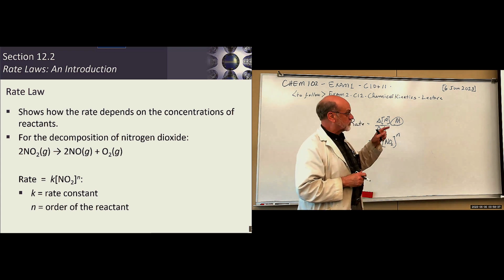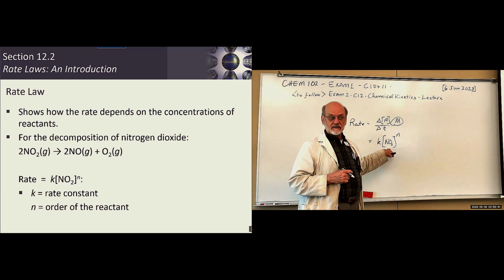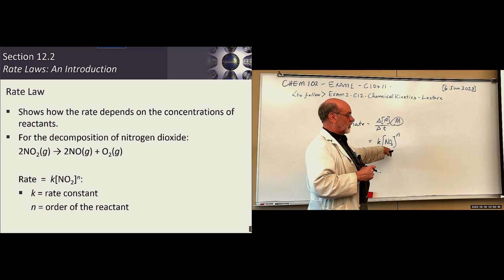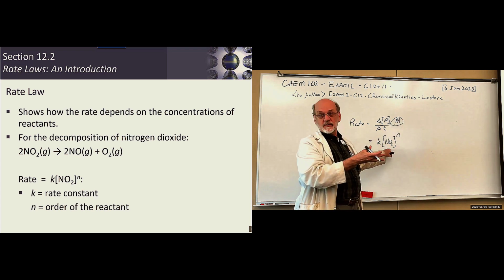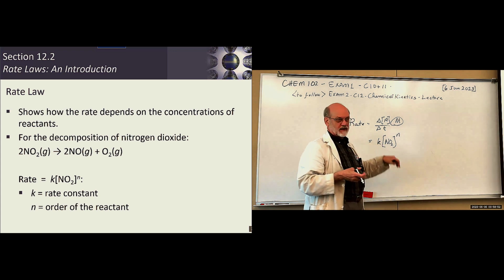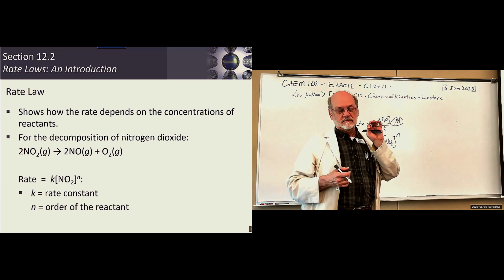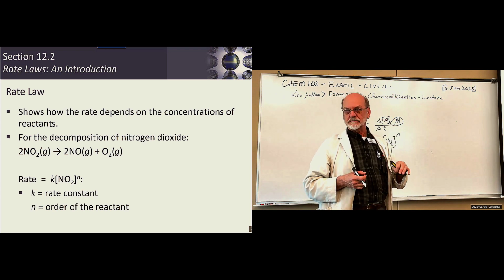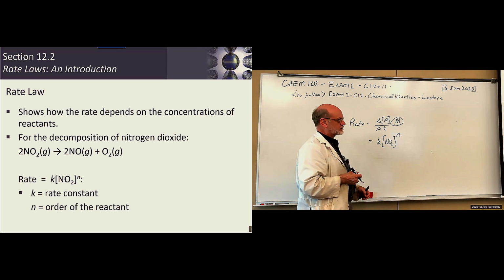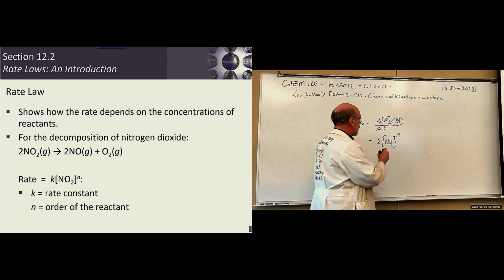Notice also for this one, we're only interested in the disappearance of the reactant. So the rate of the disappearance of the reactant will also tell us something about the products because of the stoichiometry. Right? So we really only need to study this one for that reason, and for the initial rates reason. We usually study disappearance of reactant. Okay, and this is called the order.